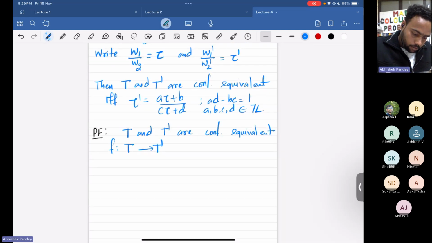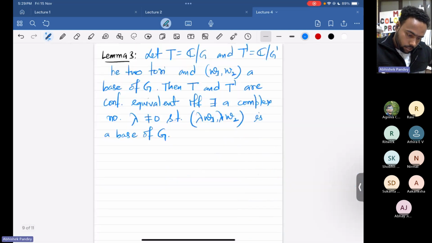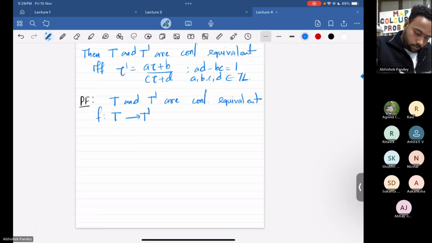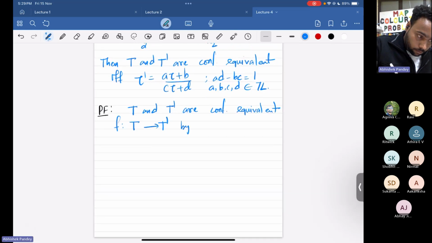By the previous lemma, let us call this lemma 3.